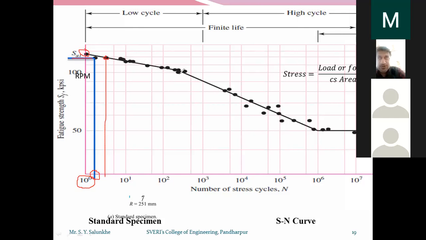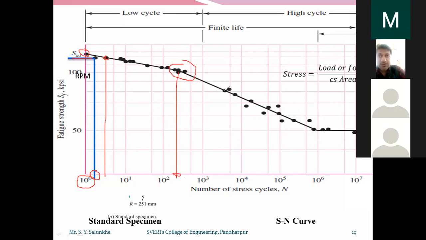Likewise, if you go on reducing the stress, somewhere the failure will occur between 10 to the power of 2 and 10 to the power of 3 cycles. Then that number of cycles will be sustained by that specimen.